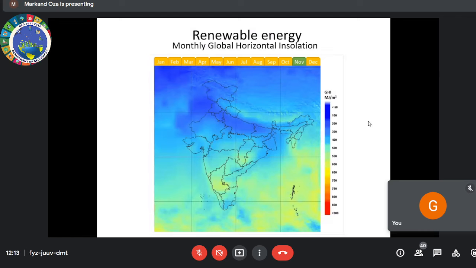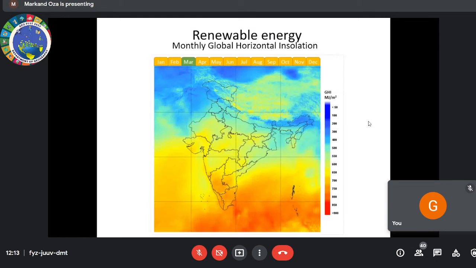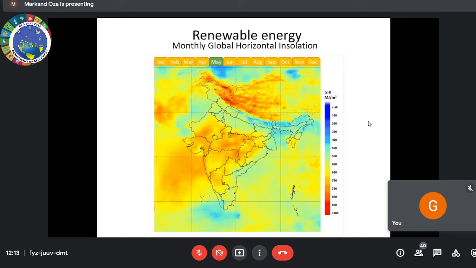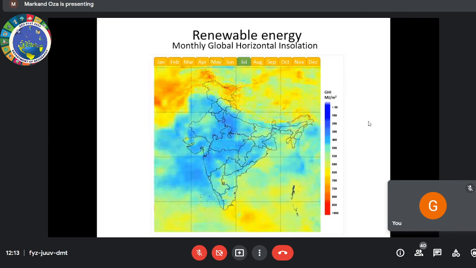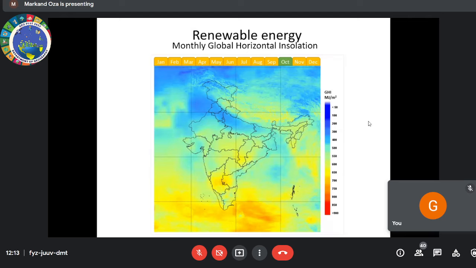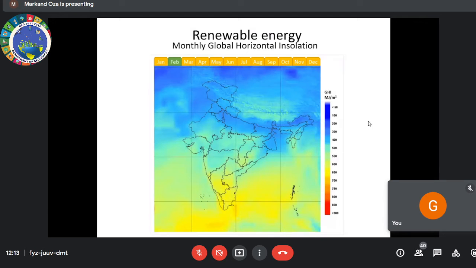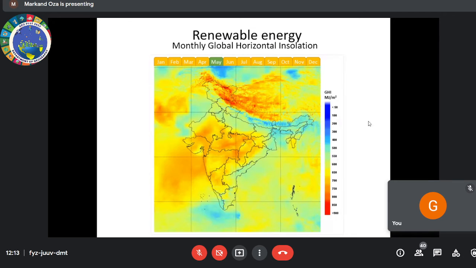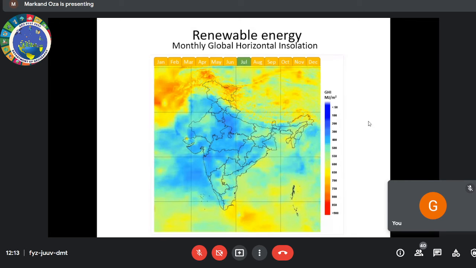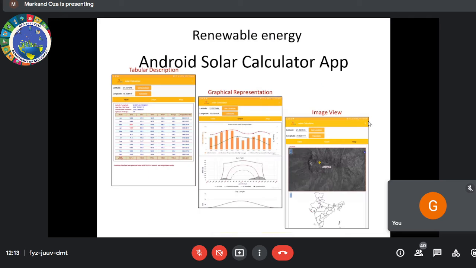Now, how is this helpful? You see, there is a lot of talk of trapping new and renewable energy, so that dependence on fossil fuel is reduced, pollution is minimized, and for that there is a need that we harness the new and renewable resource.